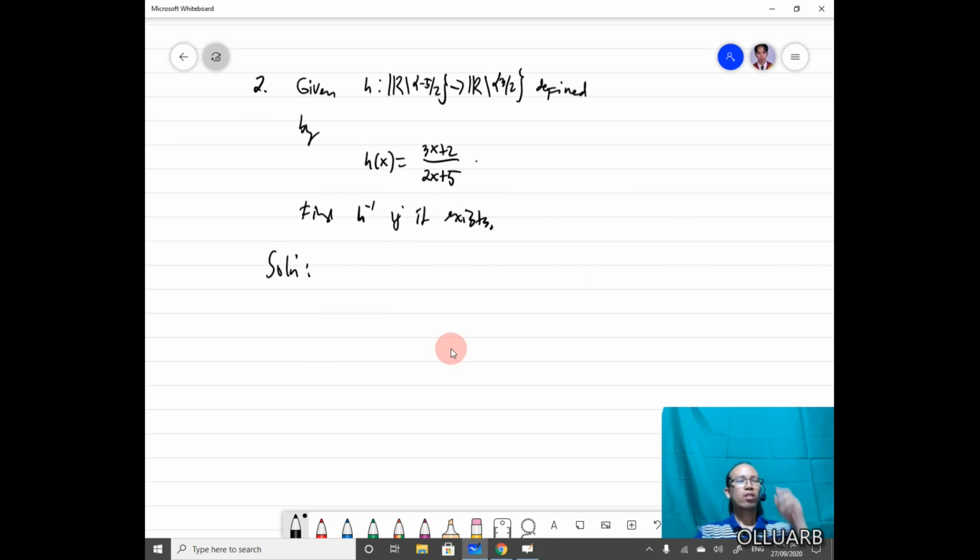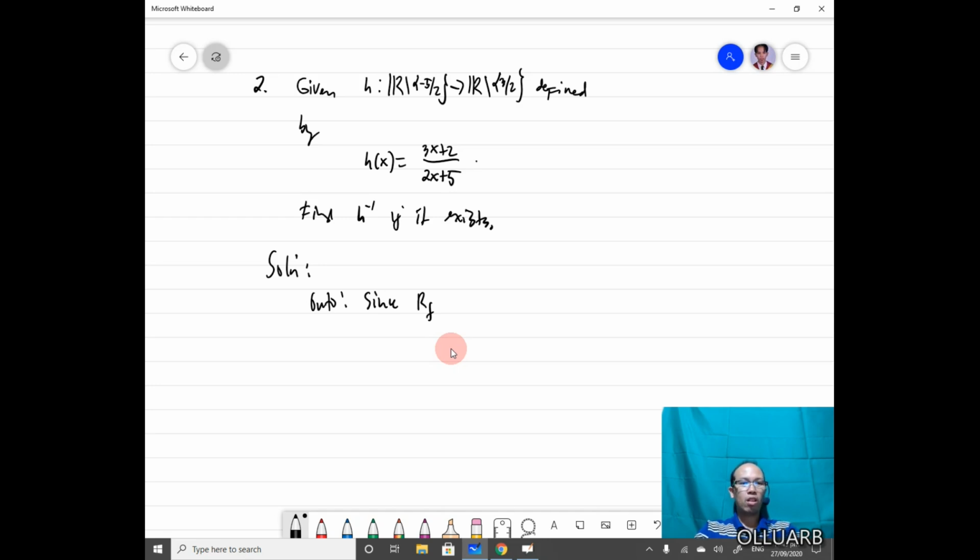In the last discussion, we determined the domain to be this one and the range to be this one. So we are done with that.